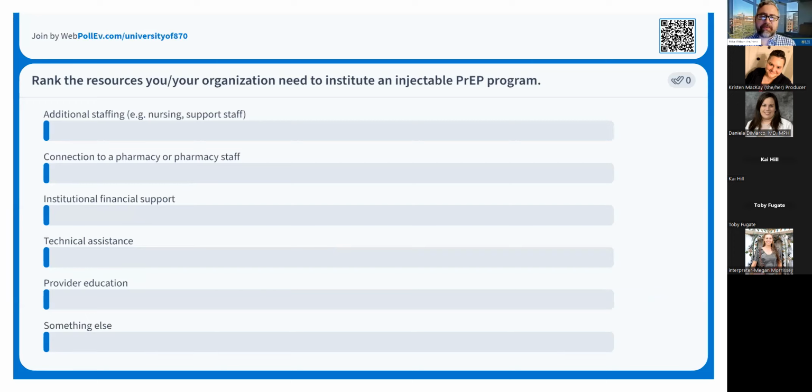So for this one, you're going to rank the resources that you or your organization are going to need to institute an injectable PrEP program. So you're being asked to put these in the order that are going to matter most for you.